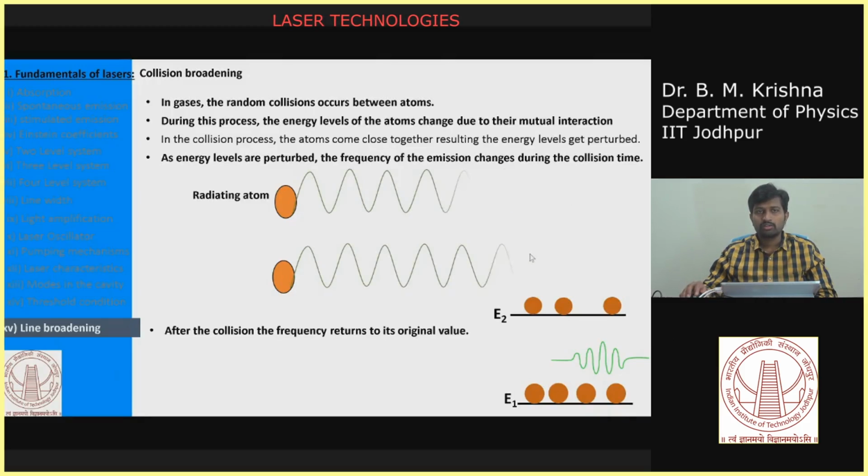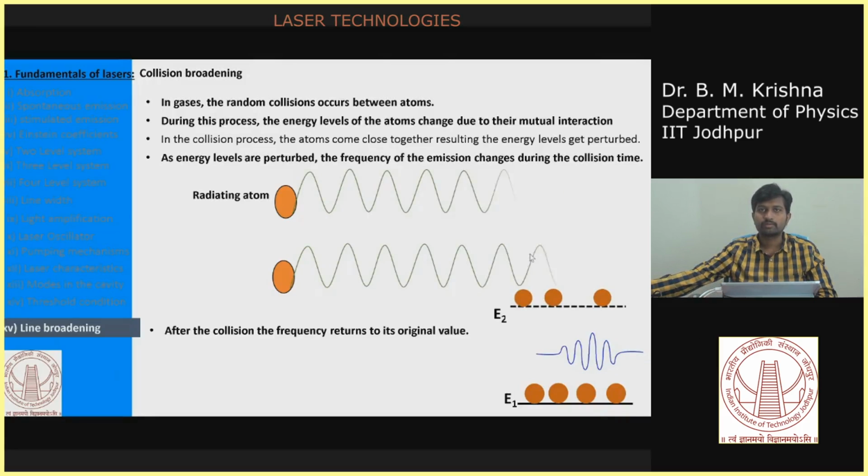When a collision happens, your energy levels get shifted because they are perturbed. During the collision process your energy got shifted, and again it will come back. When the energy is shifted, what happens to the radiation? There is a change in the energy gap, so the resultant gap will give the energy for the radiation.